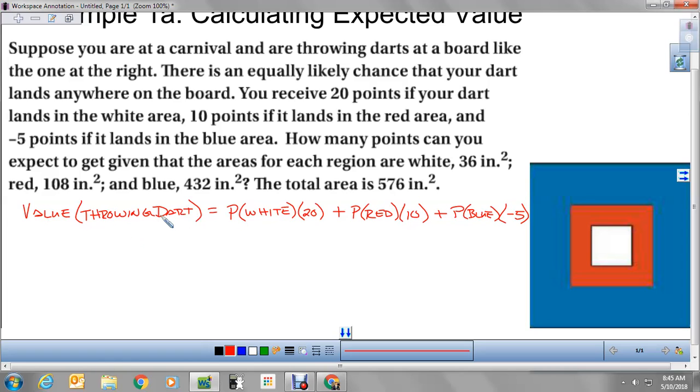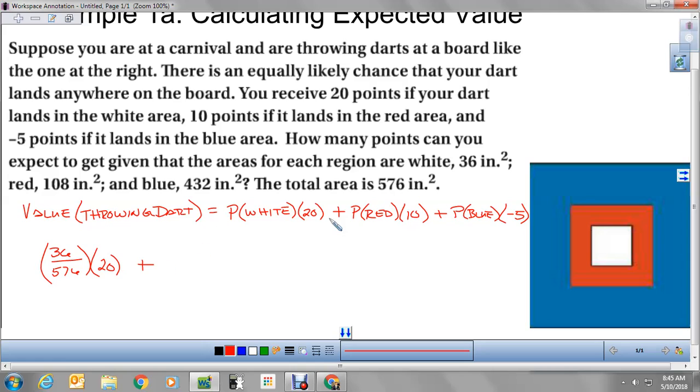So let's take a look at this. We'll start with the probability. Probability means it's the percentage of the part over the whole. For the first part, we're going to put 36 square inches over the entire target, which is 576, and multiply it by 20.